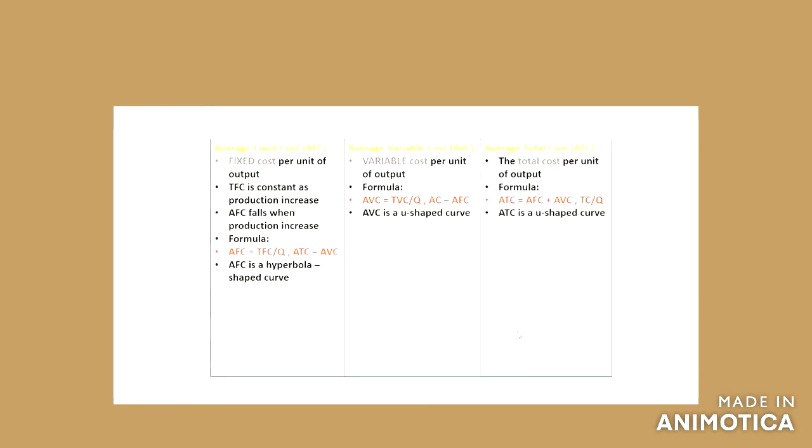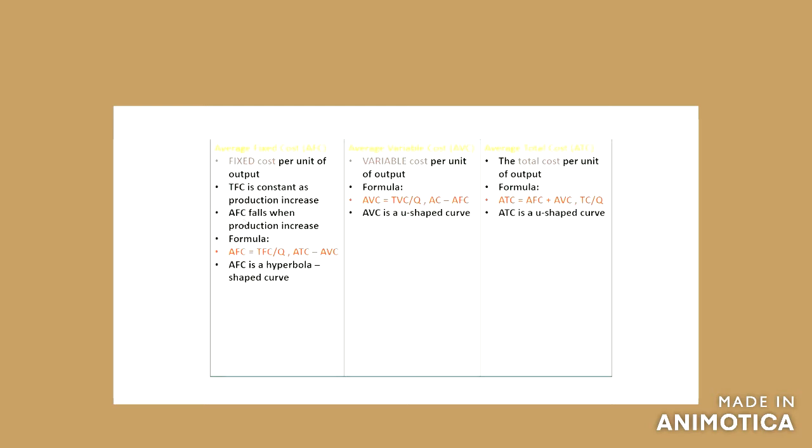So next we move to average. So average also, as I said, has average fixed cost, AFC, average variable cost, AVC, and average total cost, ATC. So for average fixed cost, AFC, it is the fixed cost per unit of output. TFC is constant as production increases.